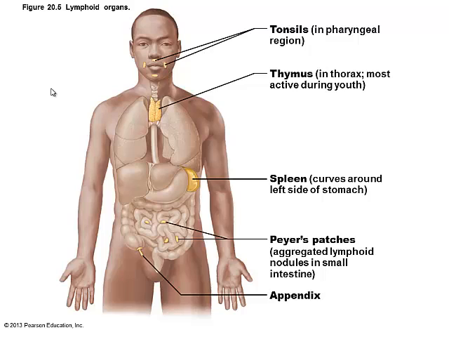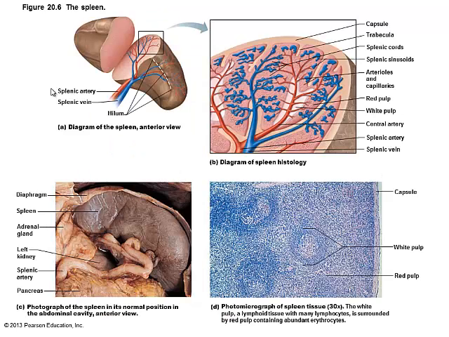And then tons and tons of patches of lymphoid tissue in where? Your intestines. The Peyer's patches are what they are called. How about your appendix? What's that doing for you? There's actually lymphatic tissue in your appendix as well.